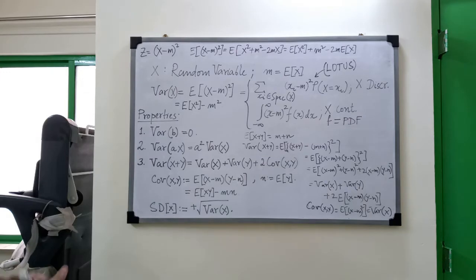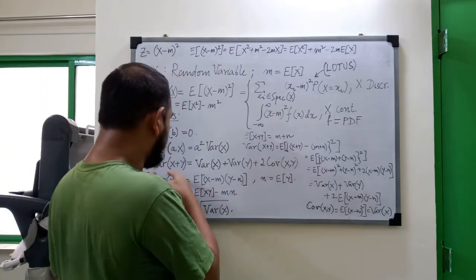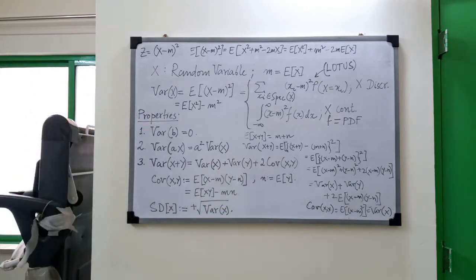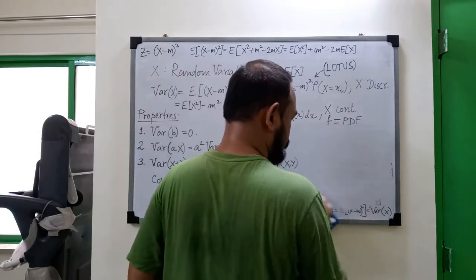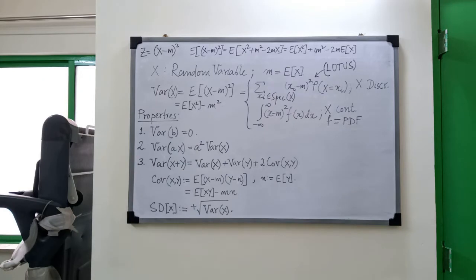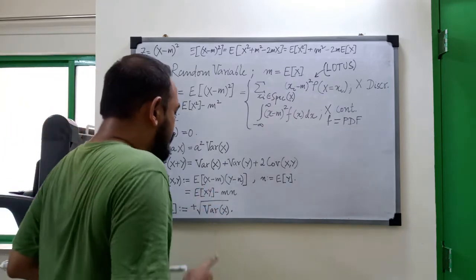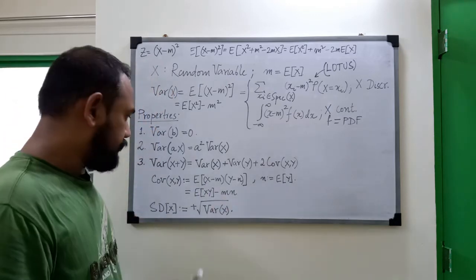Now, if the covariance is 0, in that case the variance is linear. Okay. Now the covariance is 0 at one particular time, when the two random variables x and y are independent of each other.